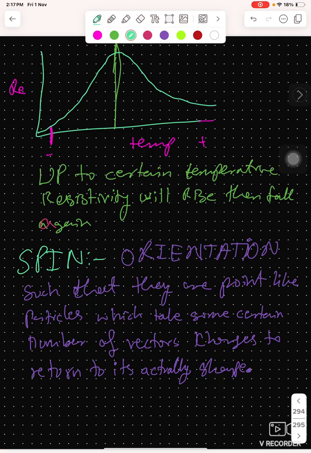Just like an example, if we have something like this, for it to return to its actual shape, it would have to orientate or spin two times. Okay, that's how it would be.